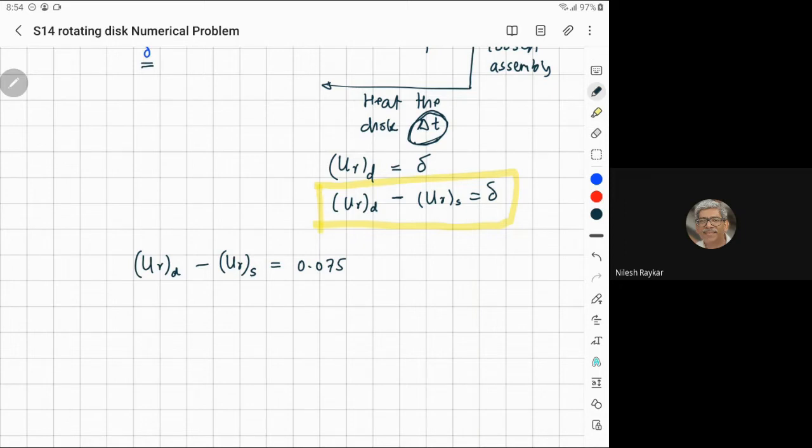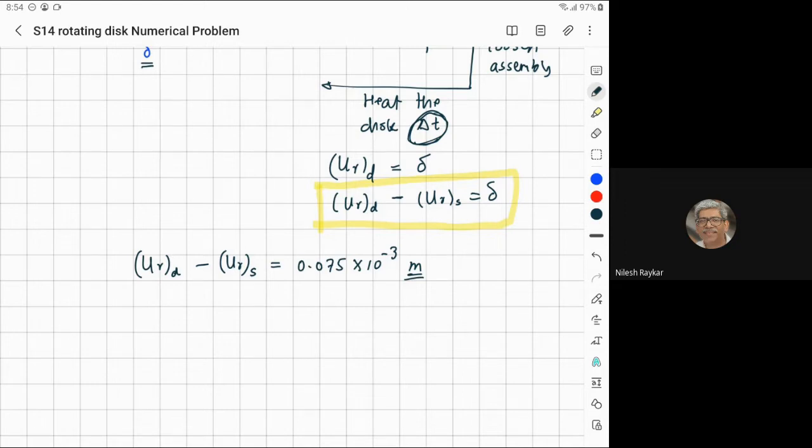So we'll safely do all calculations with length in meters, forces in newtons, and mass in kg. So 0.075 into 10 to power minus 3 meters is the condition that we have to satisfy.